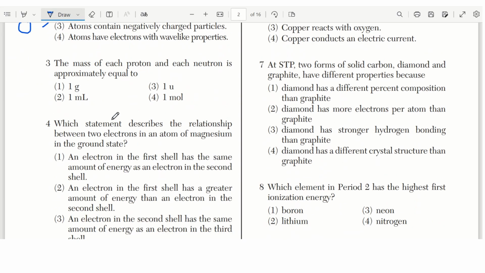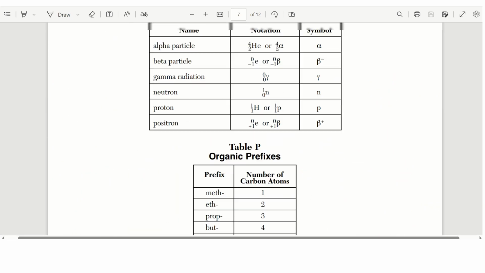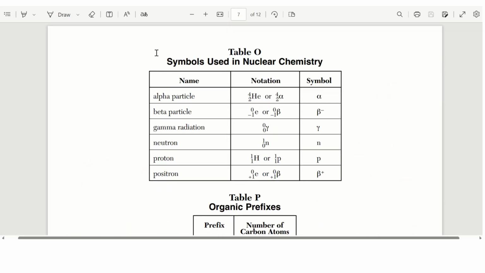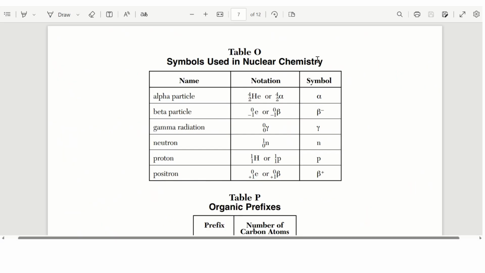Number 3, the mass of each proton and each neutron is approximately equal to. Well, for this one, there is a reference table that I can use for help, and that is Table O. Okay, so it was asking me about proton and neutron, right? So if we look at Table O, proton and neutron, what do they have the same? They have the same, this top number, right?